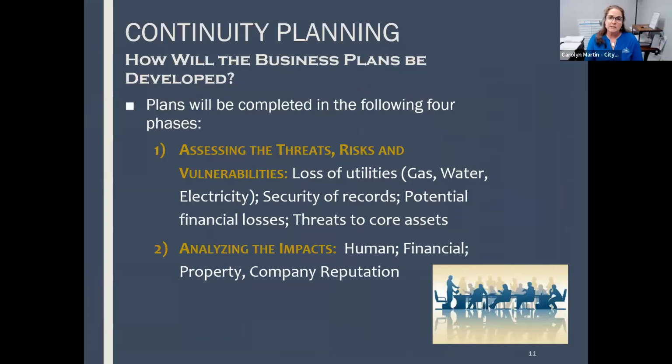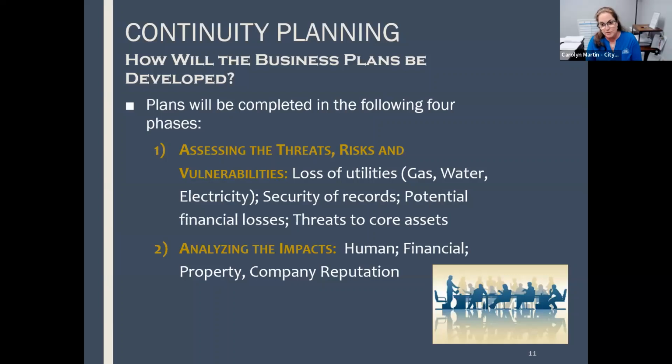So Tracy mentioned the template, and this template came out of this workshop, this work that we did with our consultant. And the first thing that we realized needed to be done was to assess the threats. What actual threats are there to your business, as far as, if you don't have utilities, the security of your records? Are they sensitive information that you need to have safe but still accessible to you and your client?